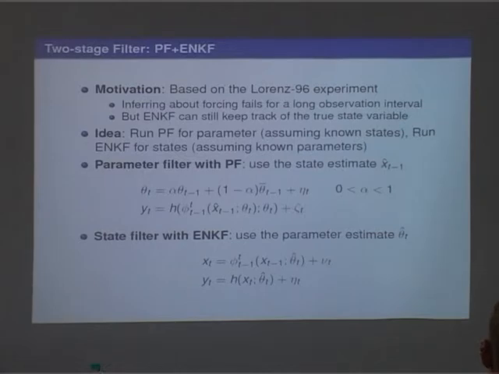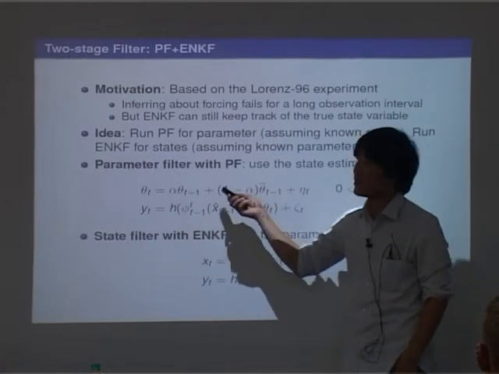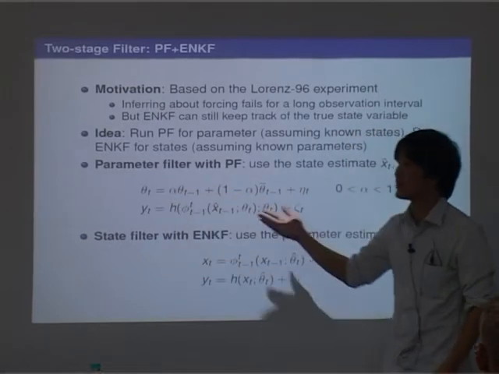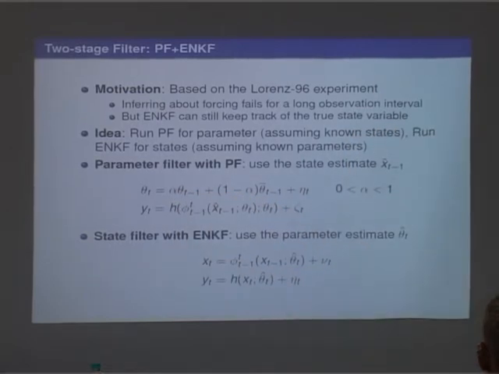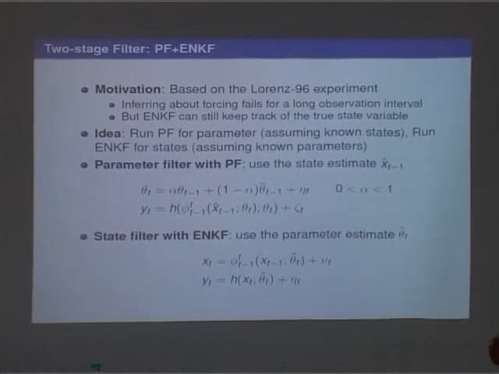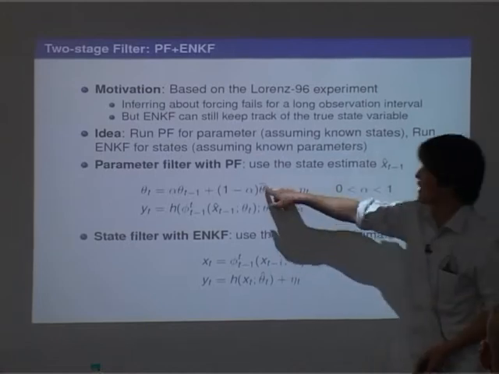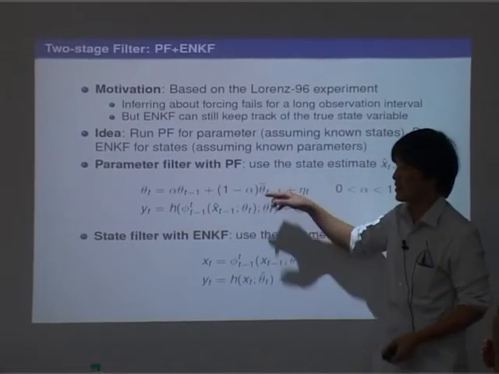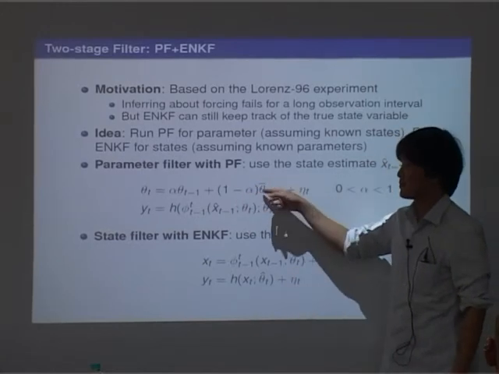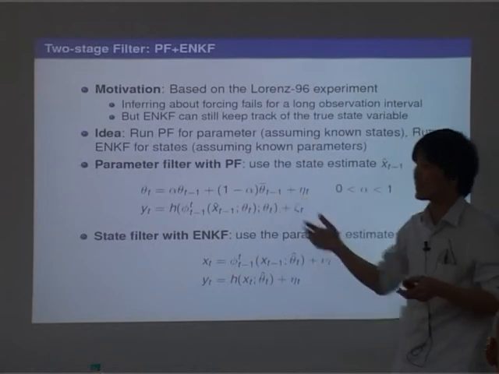Now the question is, why do I have to use this model? Why don't I just always set alpha equal to 1 and just use a persistent model? The bar is the mean of the particles that represent the parameter, the parameter being represented by the ensemble.